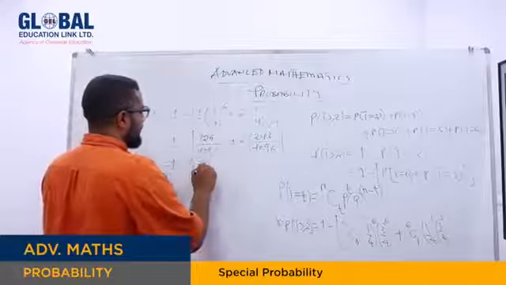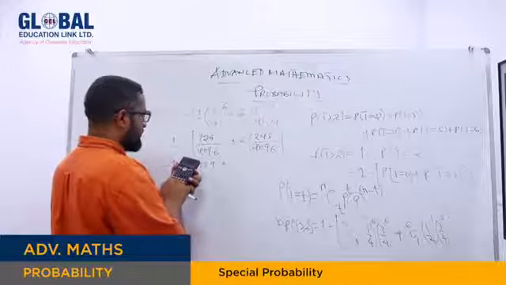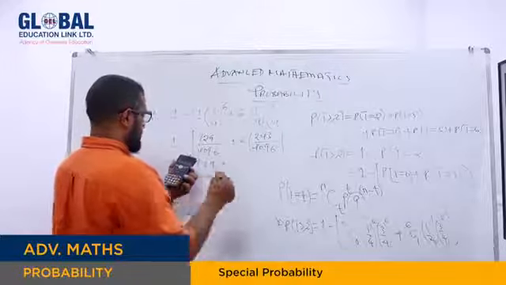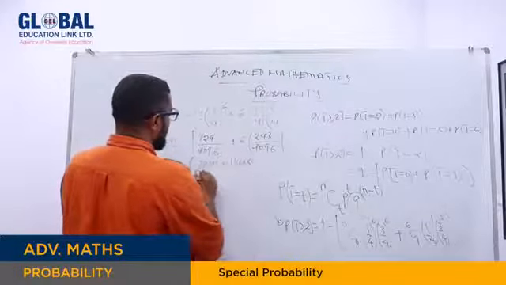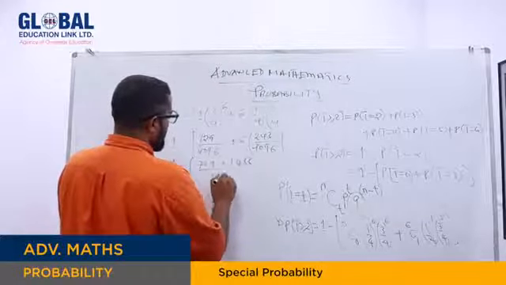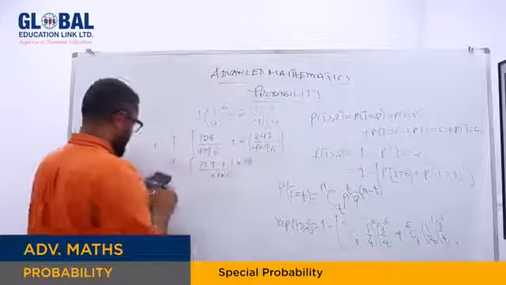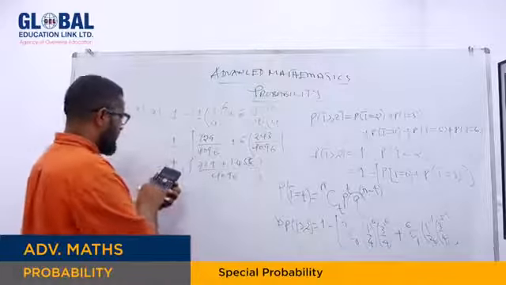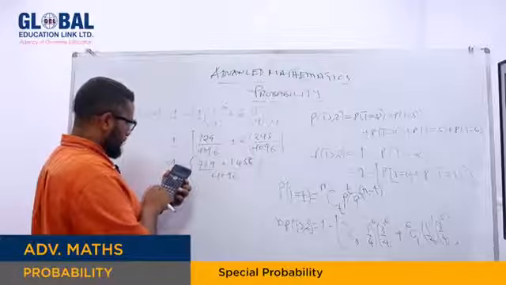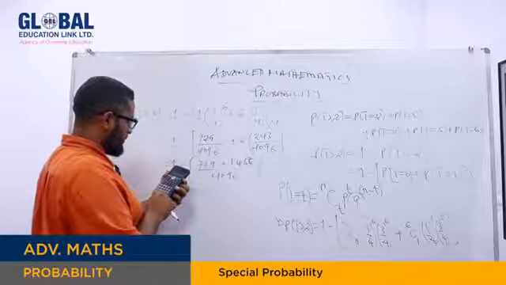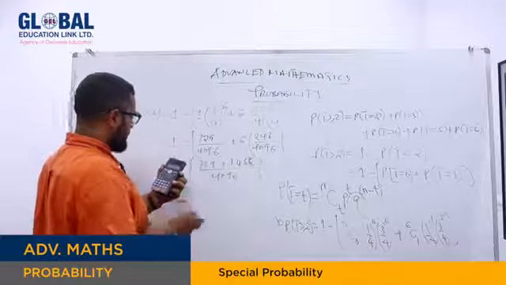So 729 plus 6 times 243, we get 1,458, divided by 4,096. Now adding, then simplify. 729 plus 1458 divided by 4096.